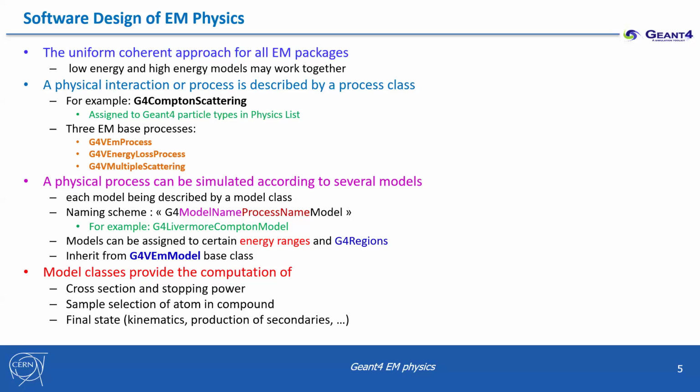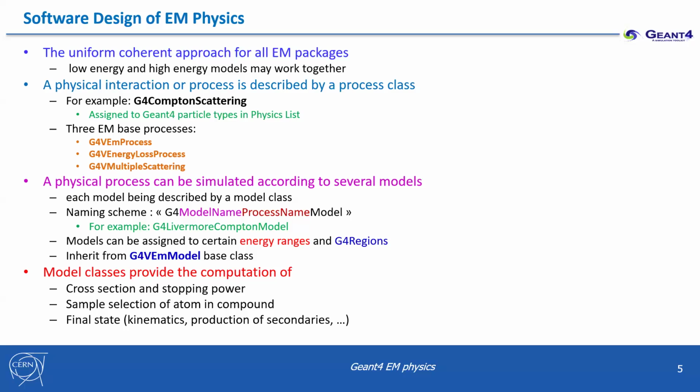We use so-called model approach. Idea of model is that for given process, we spoke about Compton one, we may have several models. For low energy, we may have one kind of model, for high energy another.